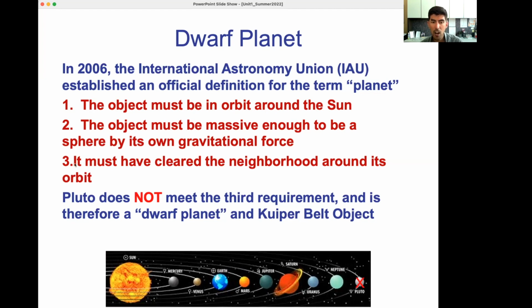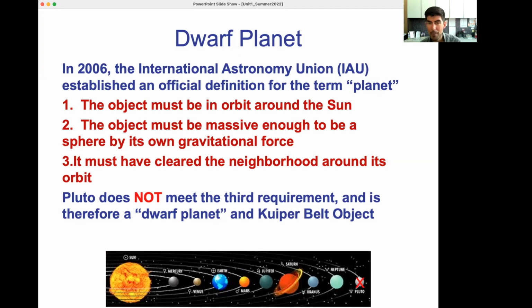Finally, the object must have cleared the neighborhood around its orbit. This essentially means that it must dominate the pathway through which it moves in the solar system. All of the planets have removed any gatherings of large objects, any crowded large objects around their orbit. They have had enough mass to pick up those pieces and incorporate them into themselves.